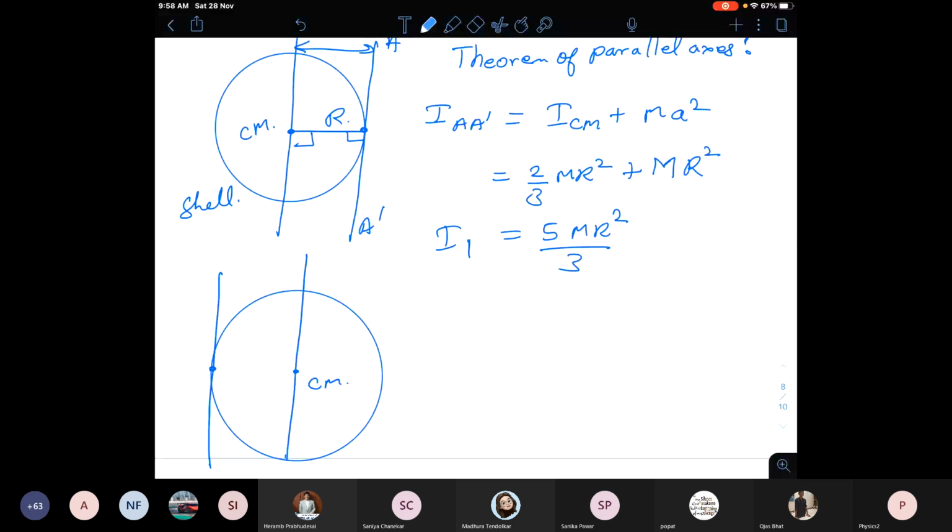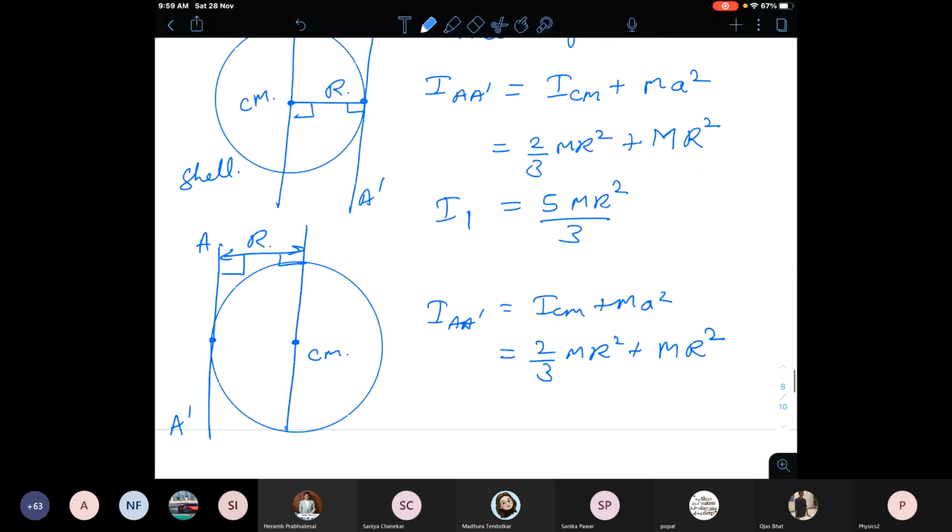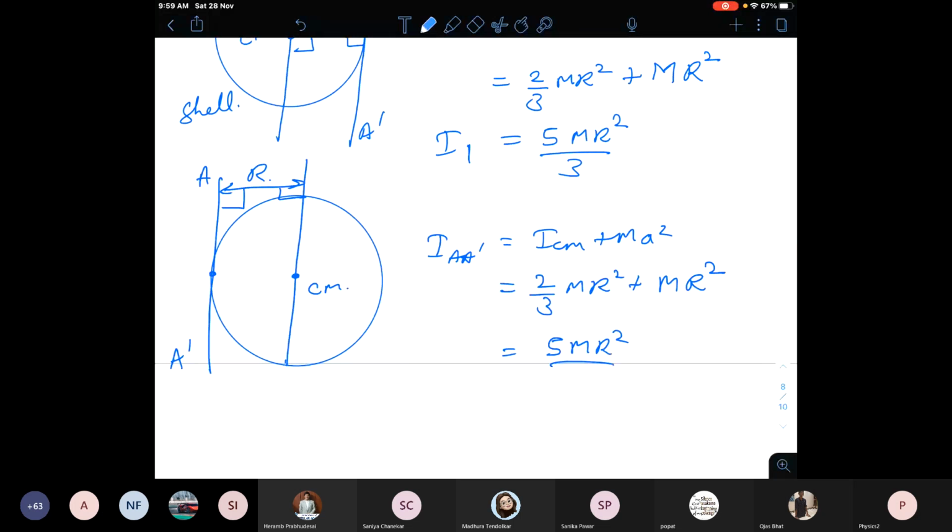This is the center of mass, A dash is this, and this separation is R. So again, applying the theorem of parallel axis, IA dash is equal to ICM plus MA square, that is 2 by 3 MR square plus MR square, because the perpendicular separation is again R. It will come out to be 5 MR square by 3. This is I2.